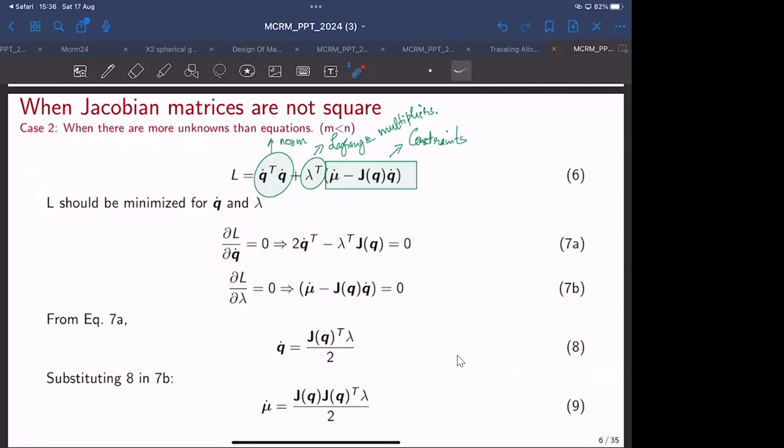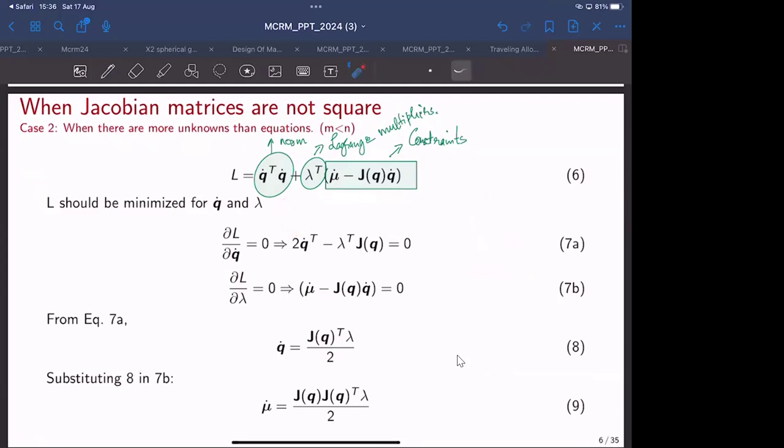So for the first equation, if you take the derivative of the objective function with respect to q dot, you will get this expression. This is nothing but q dot square, and the derivative of q dot square with respect to q dot is 2 q dot transpose. That is what we have carried over here.